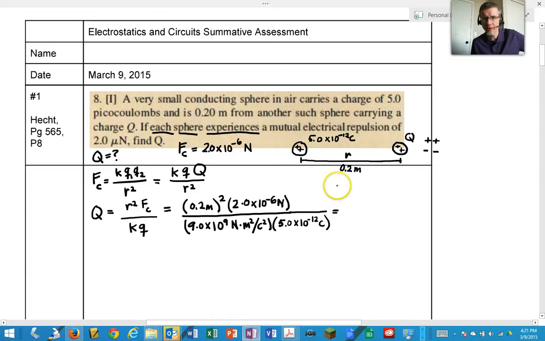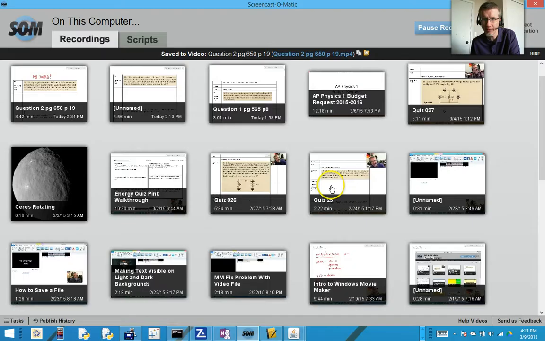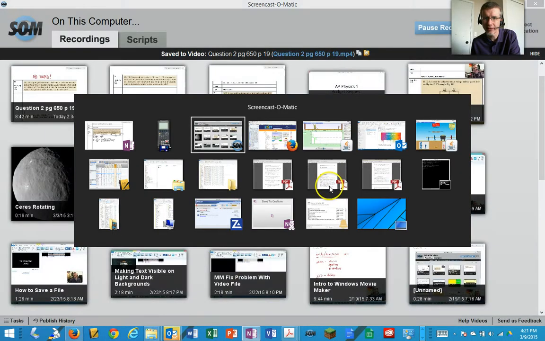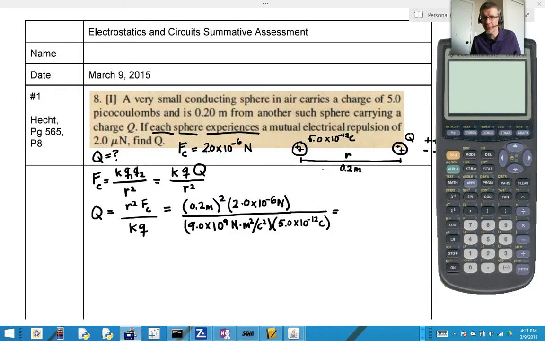So what I would do is I would put this into my calculator. Let's bring the calculator up and just do it together here. So I need that, and I need this, and I need this here. Okay, I'm going to turn my calculator on here. Okay, on. I'm going to clear it. Cool.